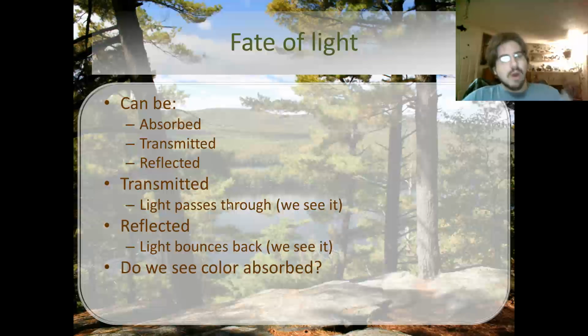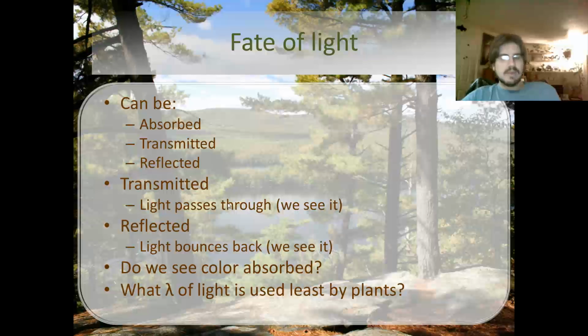But when it's absorbed, the light is taken up by the object, and I do not see that light. So what wavelength of light overall is used the least by plants? Well, what color is a leaf? That's right, green. So the green wavelengths are used the least by plants.